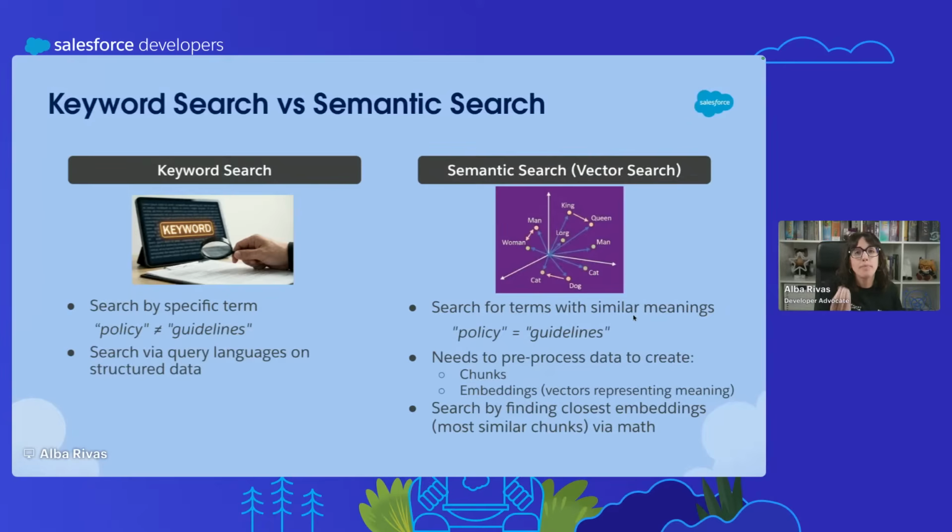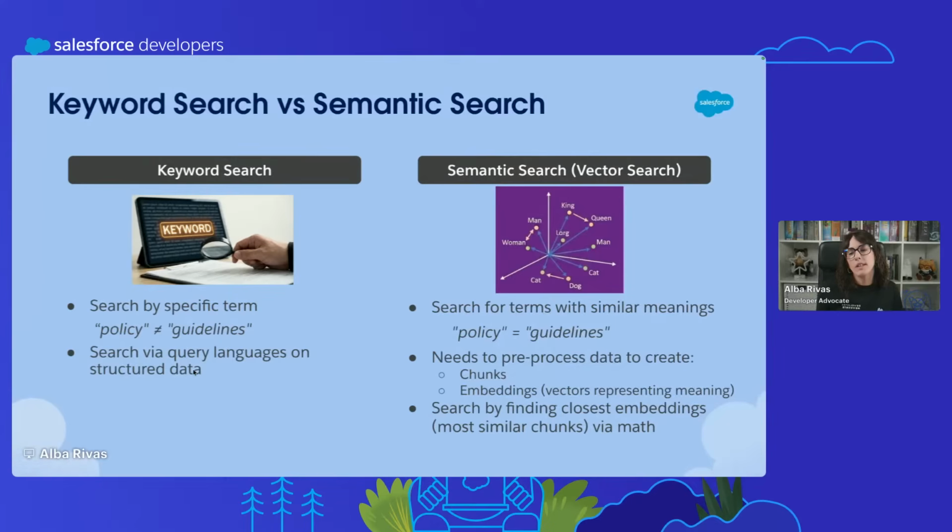While in keyword searches, if you look for a word like policy, results containing guidelines are not going to be returned. If you do semantic search or similarity search, terms that are similar to policies, such as guidelines, are going to be returned, okay?